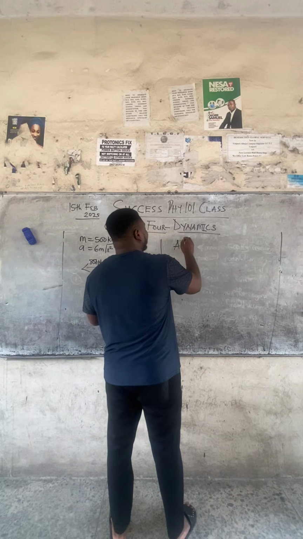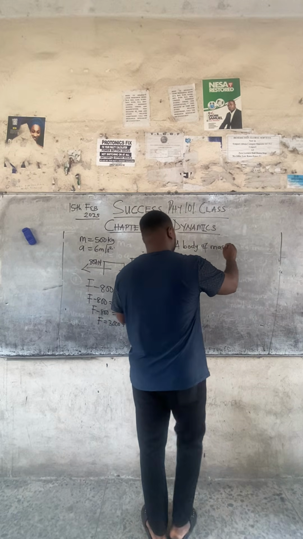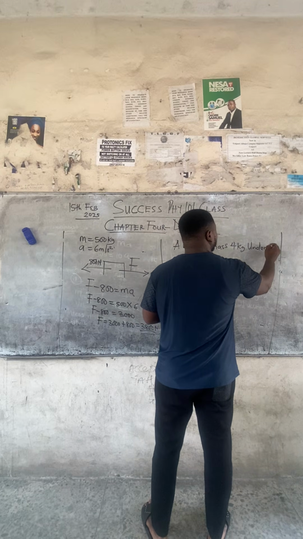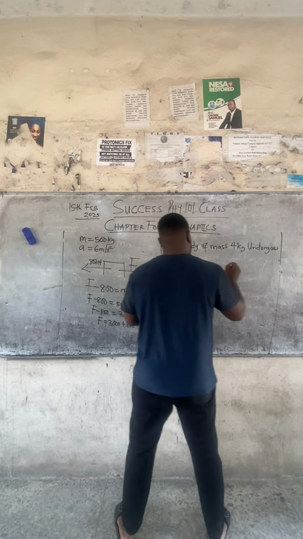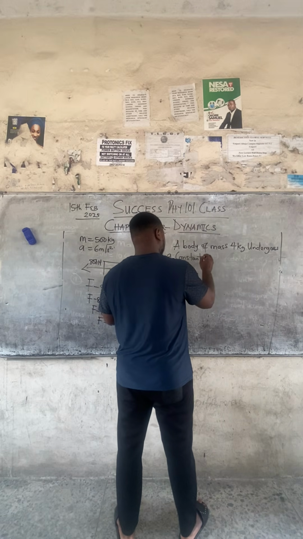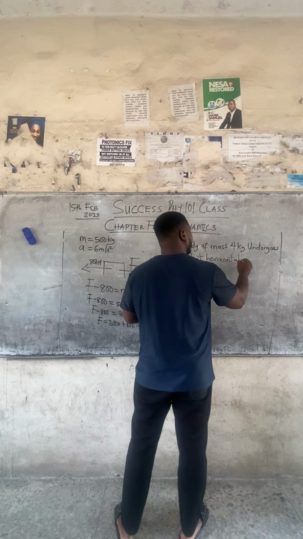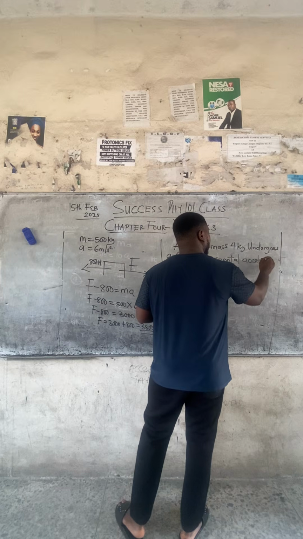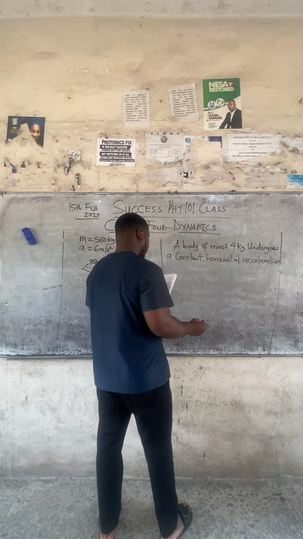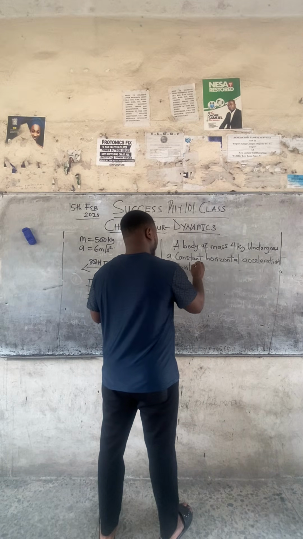A body of mass 4 kg undergoes a constant horizontal acceleration of 3 meters per second square.